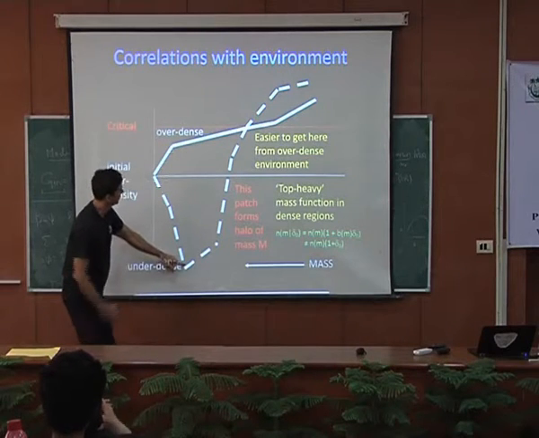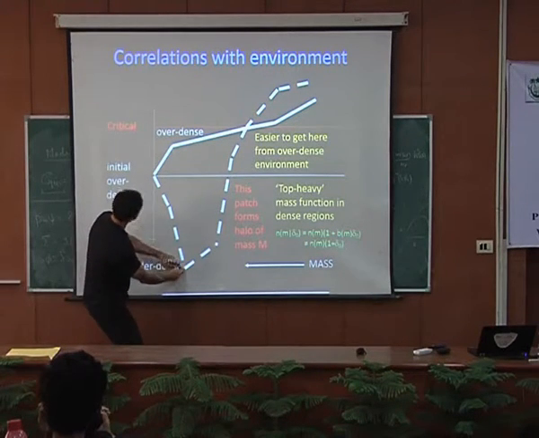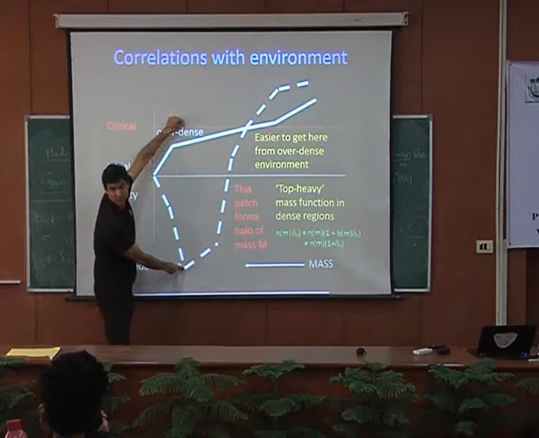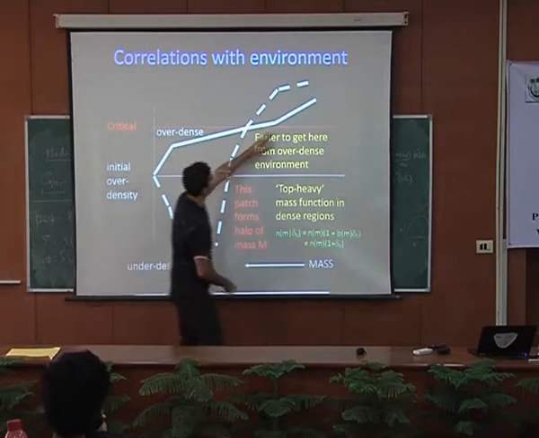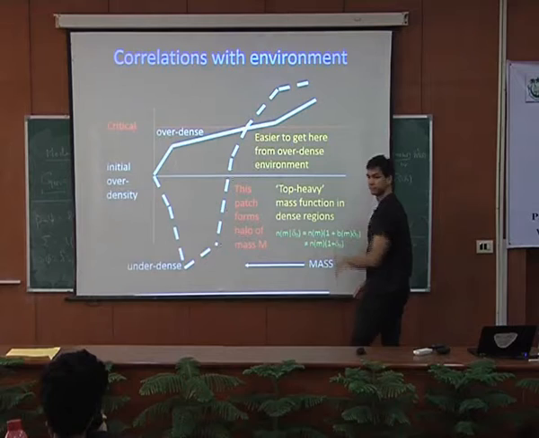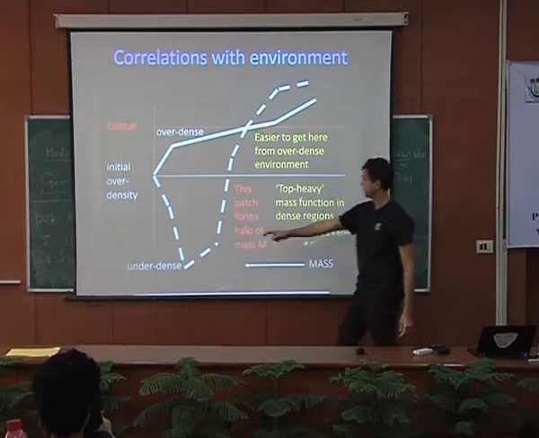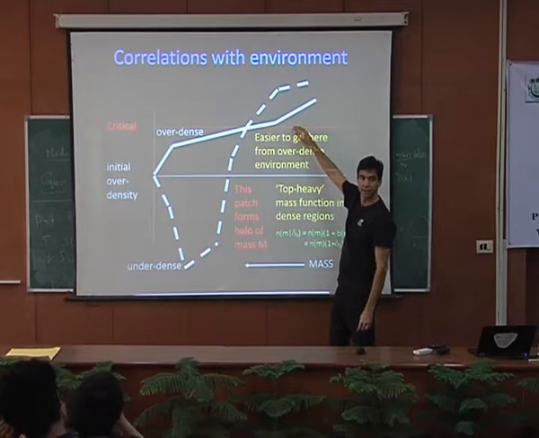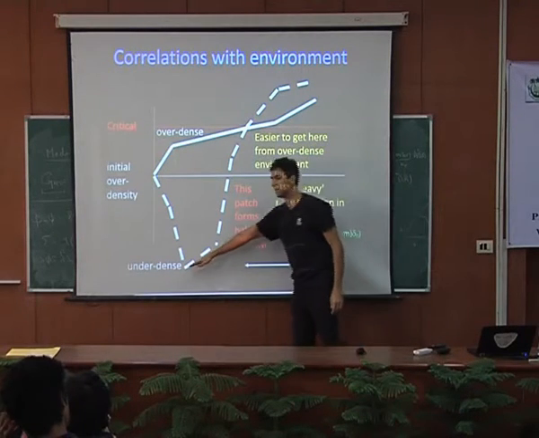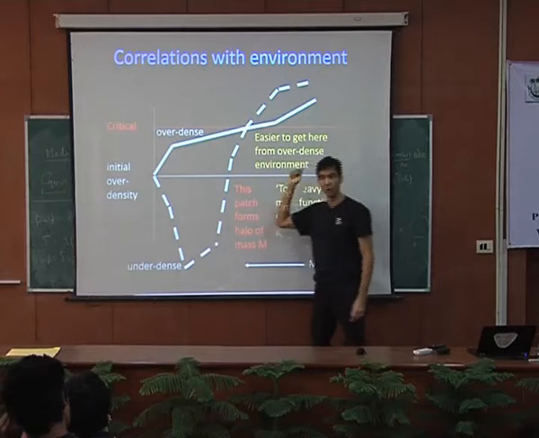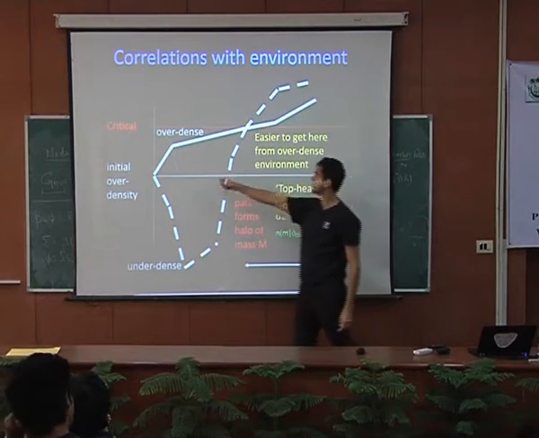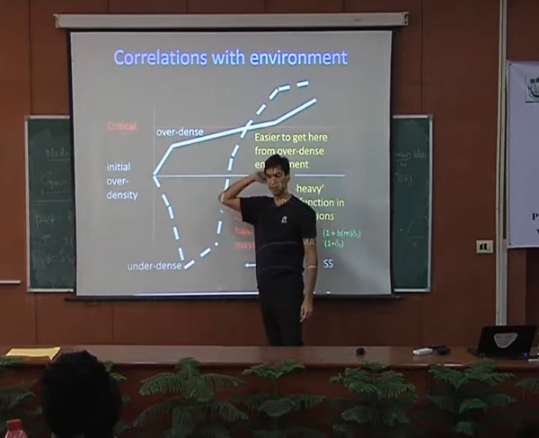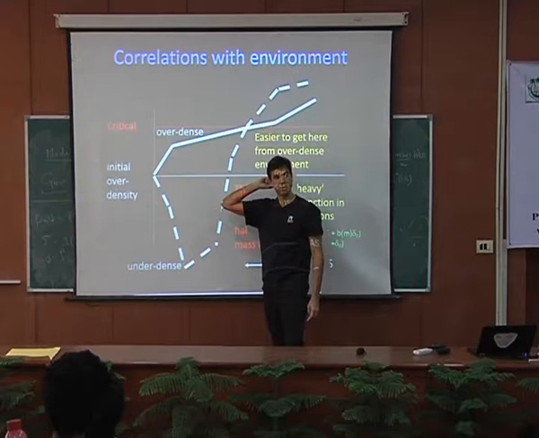Whereas this guy, all the walks that arrived here, they have very far to travel. And so most of them will cross around here, no? Because they have to take many steps before they cover this much bigger height. So the masses in an underdense region will all be small. And the masses in an overdense region will all be big. Okay?